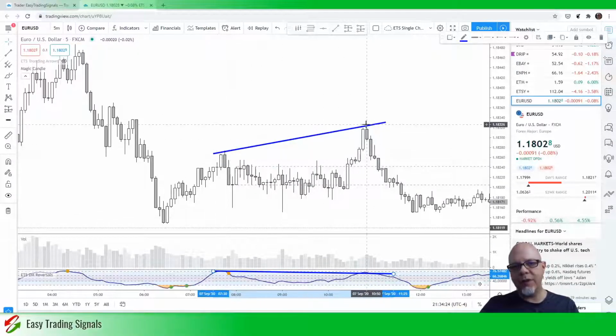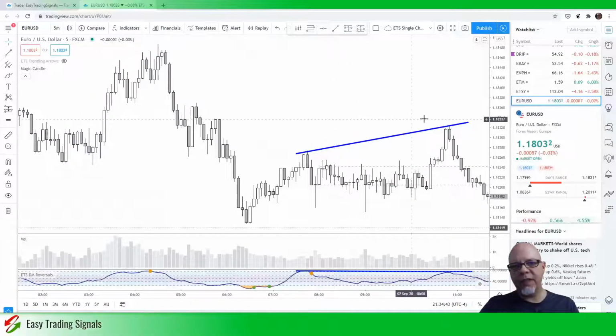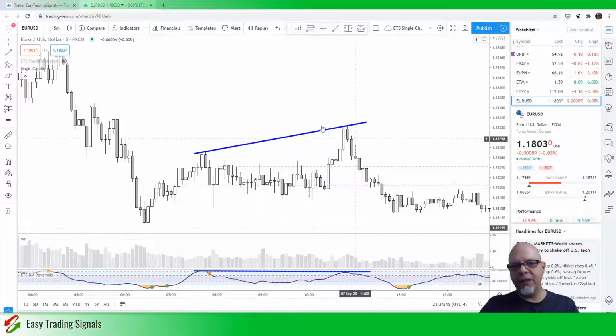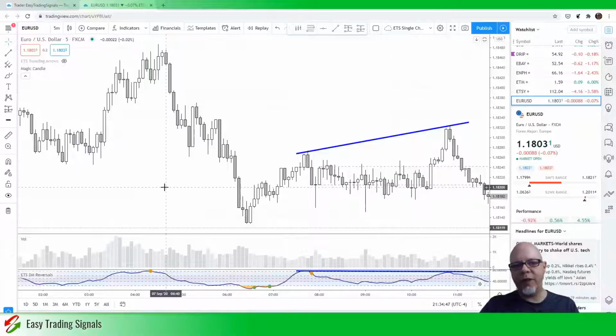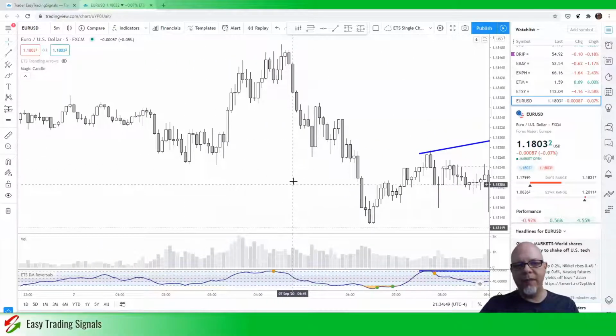Look at the market, look at higher highs, and you go like, whoa, wait a minute. This is my new high right over here. But if I look at the DeMarker indicator, it is in fact lower than the previous high. So we have a divergence, and then that in fact gives you a good indication that the market might be heading down. Here we have a smaller one, but this is also very valid.